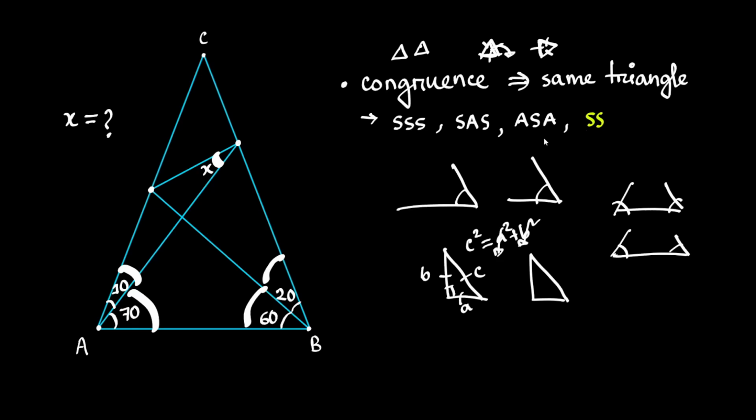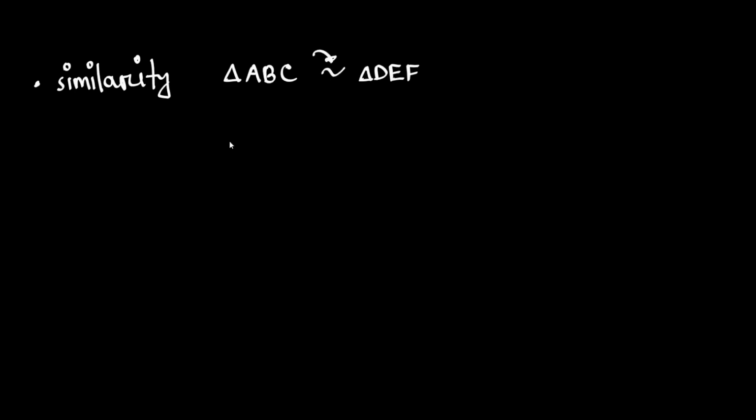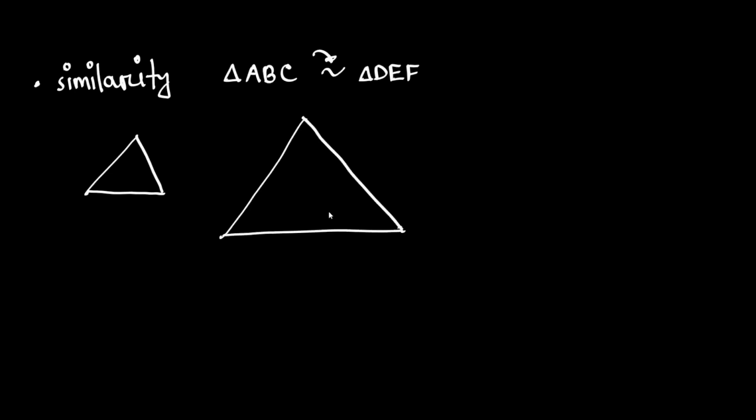Anyways, after congruence, we need similarity. We just need a small part of triangle similarity. When two triangles are similar, let's say triangle ABC is similar to triangle DEF, we use this sign. What do you mean by similar? Similar means that the angles will be the same.